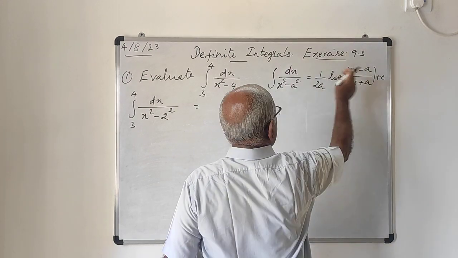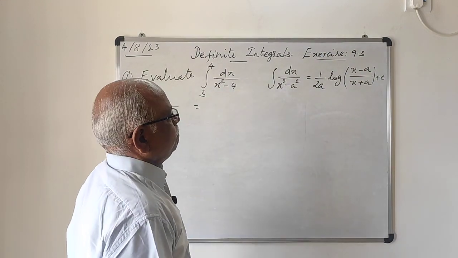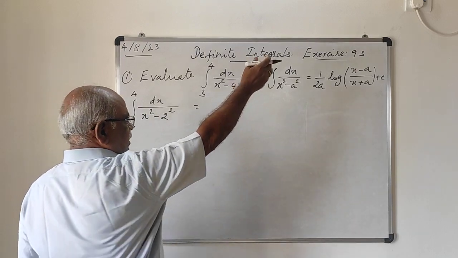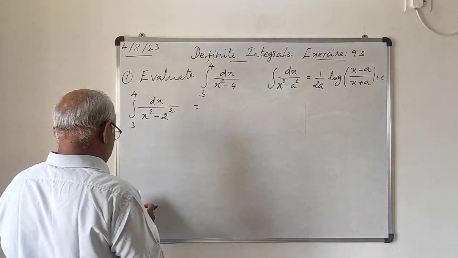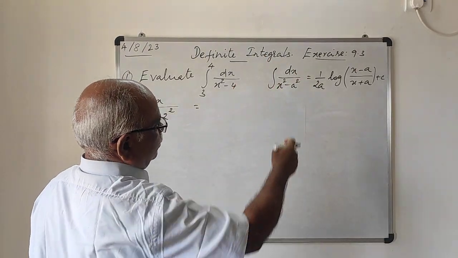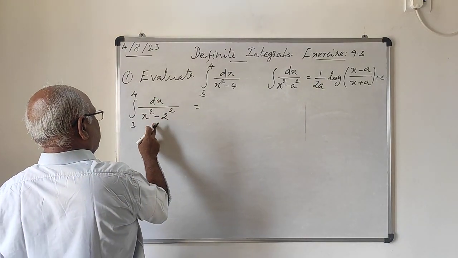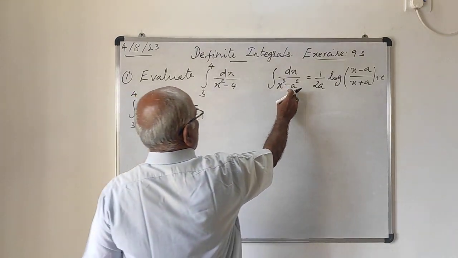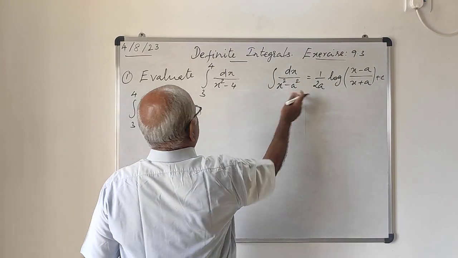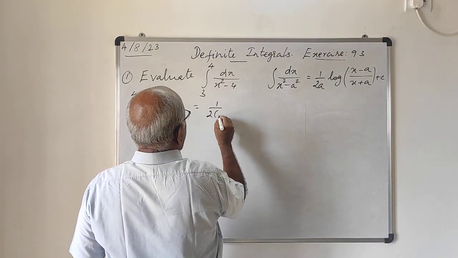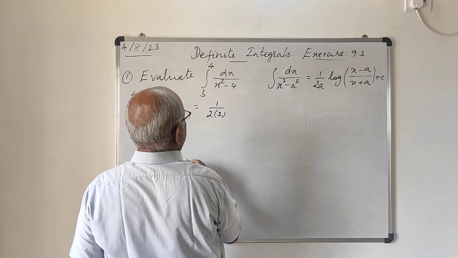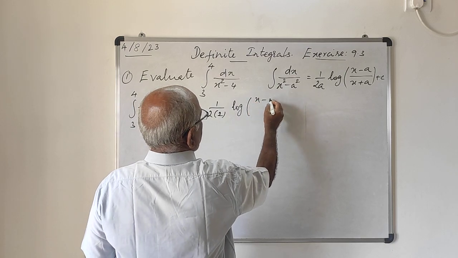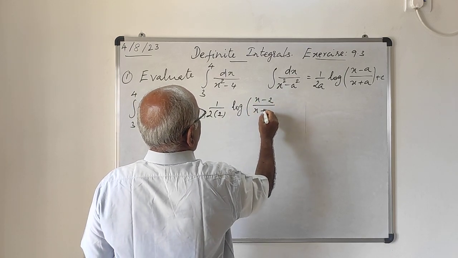In the case of definite integrals, the constant c will not occur, but the result is the same. You apply the result here, where a is 2: 1 by 4 log of (x minus 2) by (x plus 2).